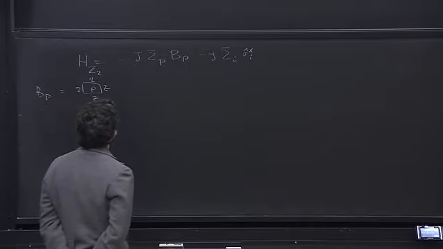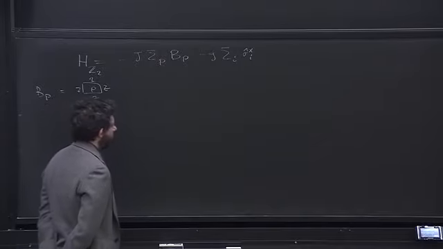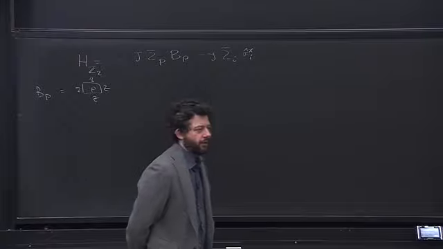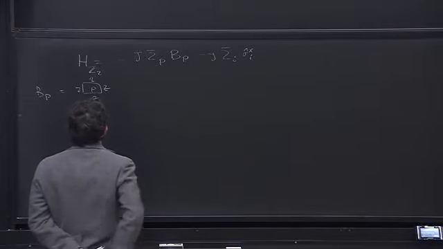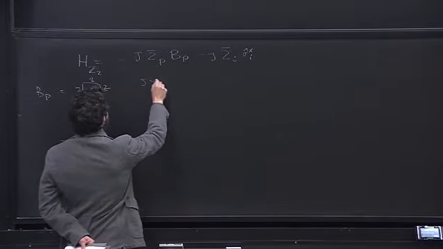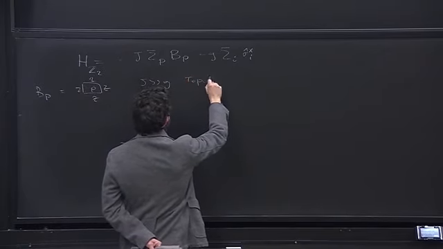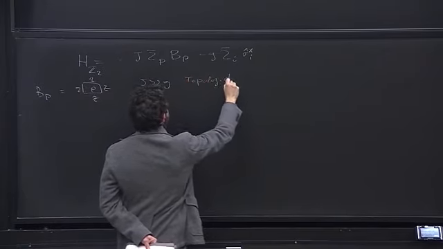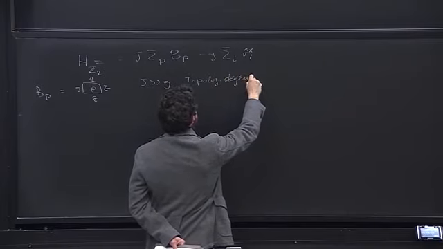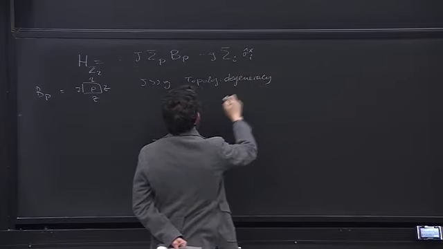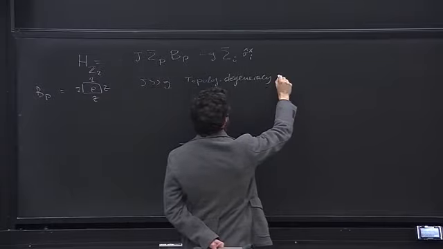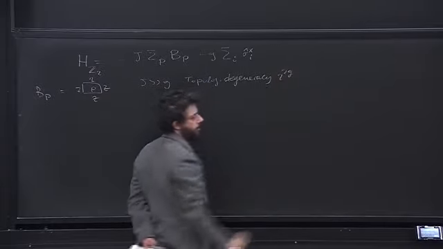But they have a very big difference: they have a different degeneracy, and this degeneracy for J much larger than G is a topological degeneracy. That is 2 to the 2g.